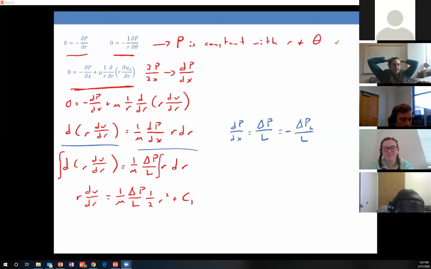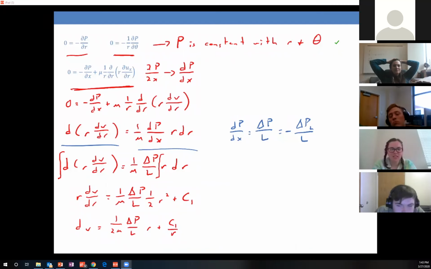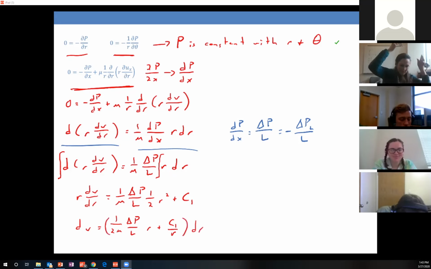So we got to separate out and we got to put r over on the other side where dr is going to be. We get 1 over 2 mu delta p over L r plus c1 over r. Any problems with that algebra? Oh, sorry, times dr. There we go.